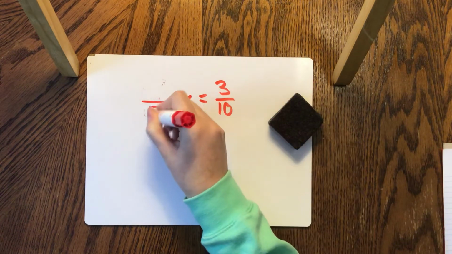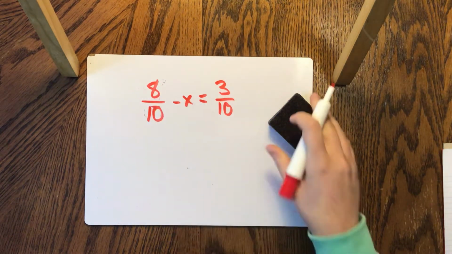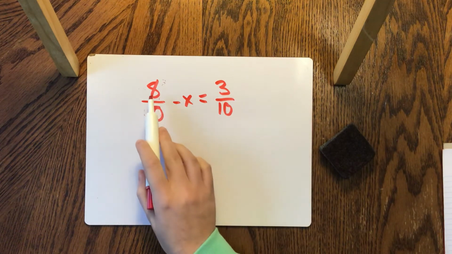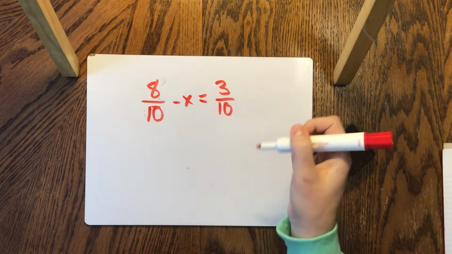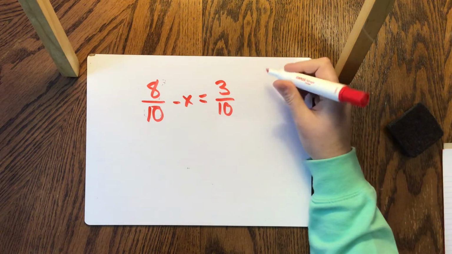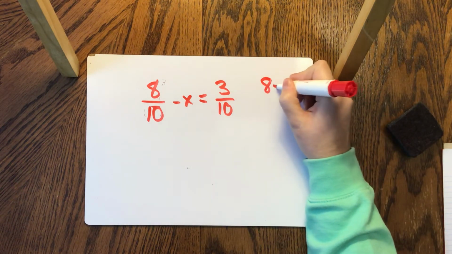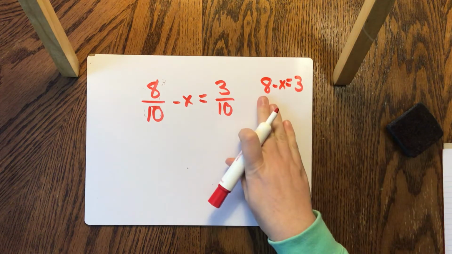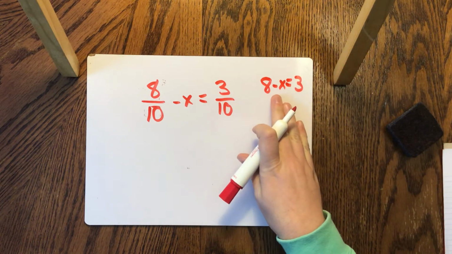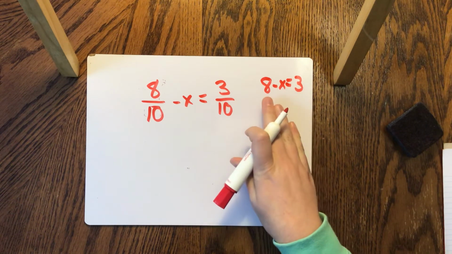So from 4/5, I'm going to change that to 8/10. I doubled both of them. So now I have 8/10 minus something equals 3/10. So for some of my students, I break this down without the fraction, and I say 8 minus x equals 3. So they can see that you have to find something to subtract from 8.